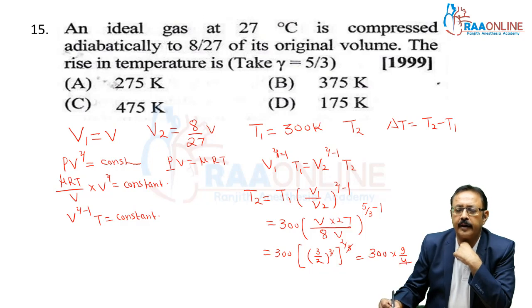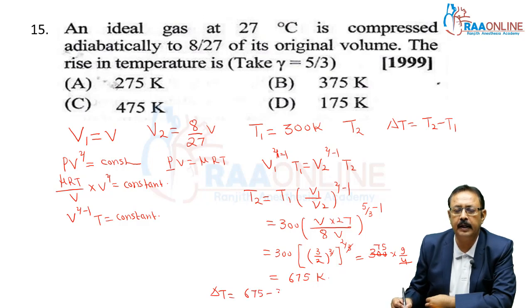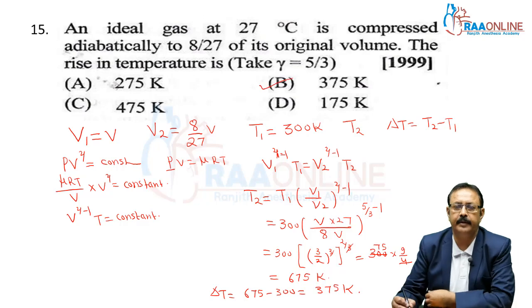So what we are getting? 75 into 9, 675 Kelvin. So rise in temperature means 675 minus 300. So we got the answer 375 Kelvin. So we are going with B.